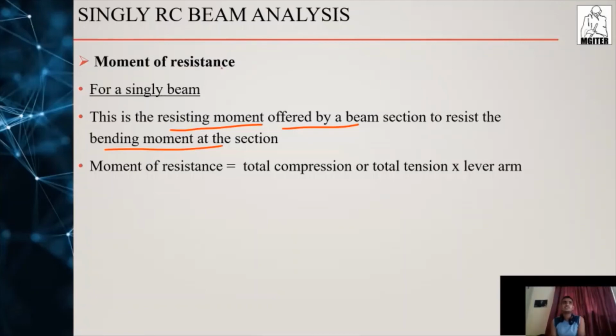Moment of resistance means, for your designed beam, how much moment your beam can carry. We call this the moment of resistance. Simple. So moment of resistance means total compression or total tension into lever arm. We call this the moment of resistance.